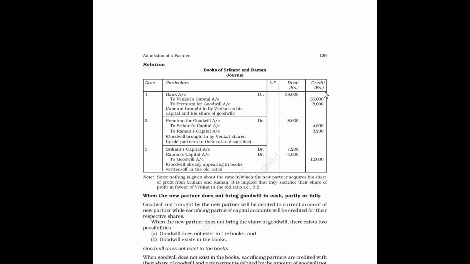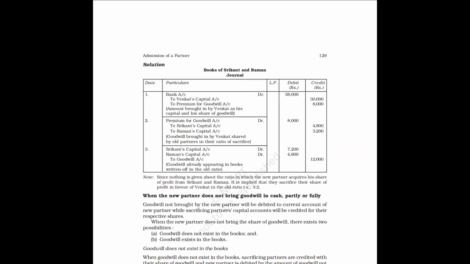First situation, the new partner brings capital. Before you enter your sum, we must calculate the new partner's goodwill amount. In this sum they have given only the old ratio.